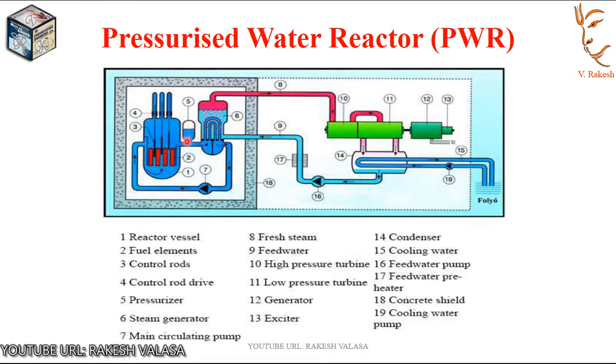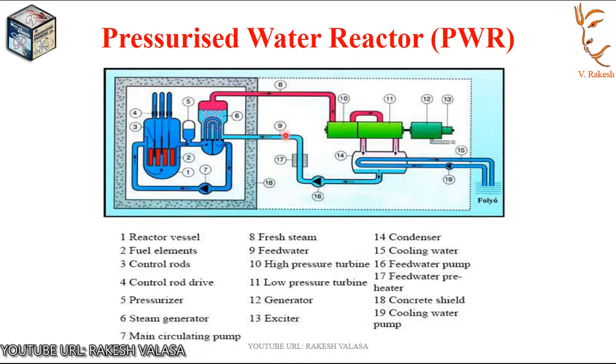This is the pressurizer to maintain constant pressure. Next, sixth is the steam generator. Seventh is the main circulating pump. This eighth one is the fresh steam entering the turbine.